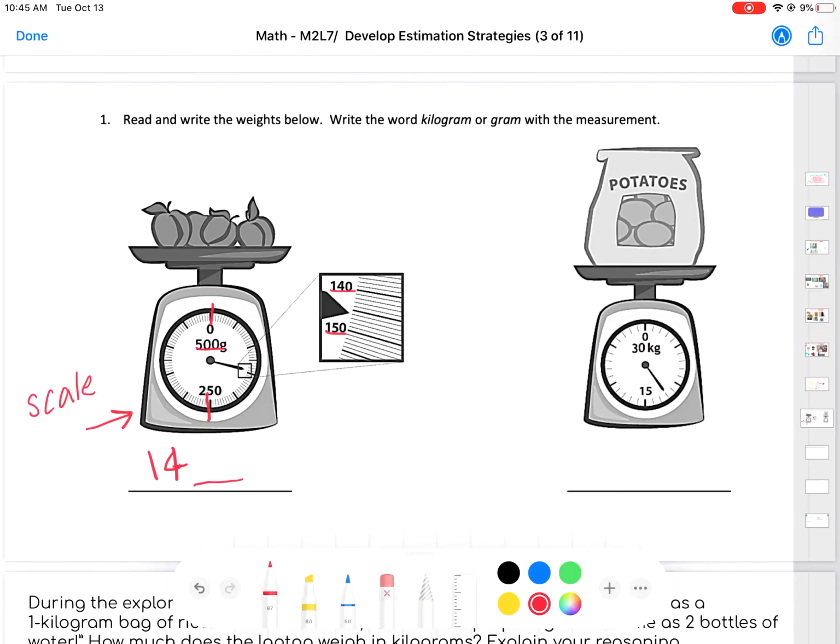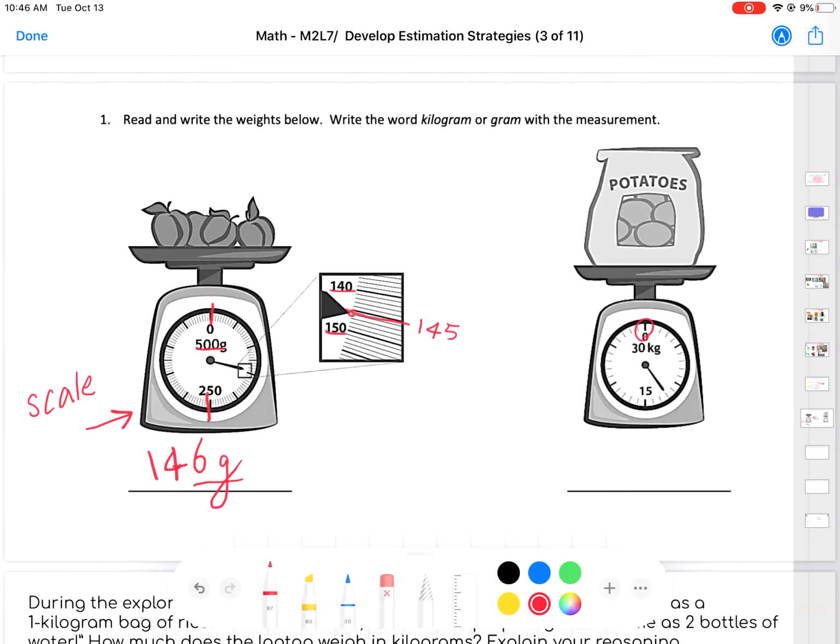So I'm going to go ahead and write down my first 2 digits, and I'm going to find my last number. There is a middle line which represents 145, and it's 1 higher than 145. And we know that 1 plus 5 is 6. So this is going to be 146 grams.